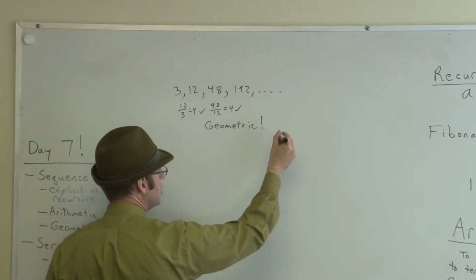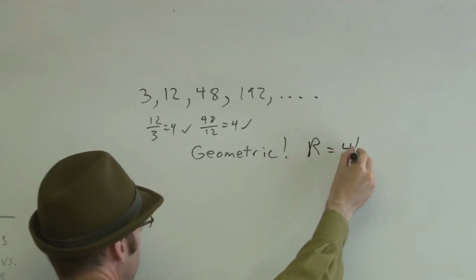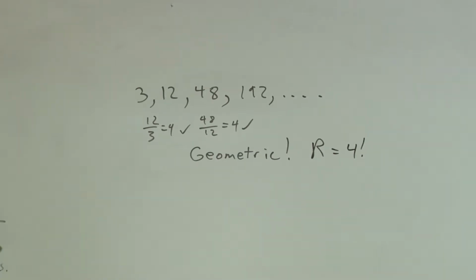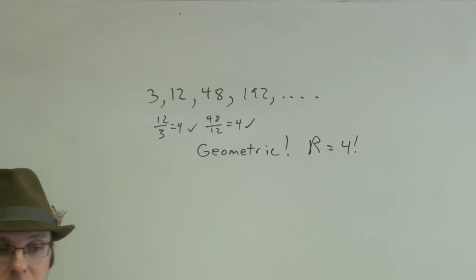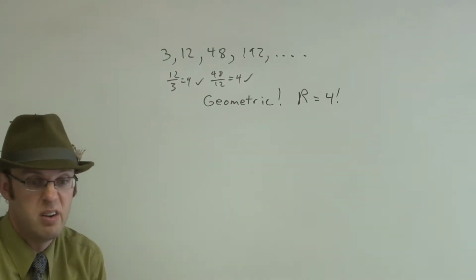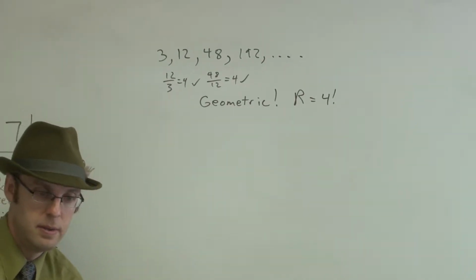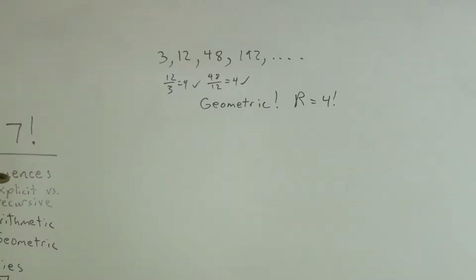So I already know that it's geometric and that r equals 4. To get the common ratio for a geometric sequence, just divide those two terms by each other. And you're there, you're done. Right? It's no more difficult than that.